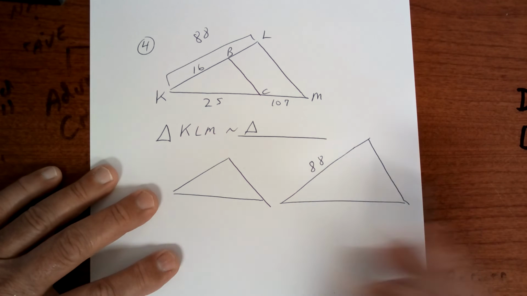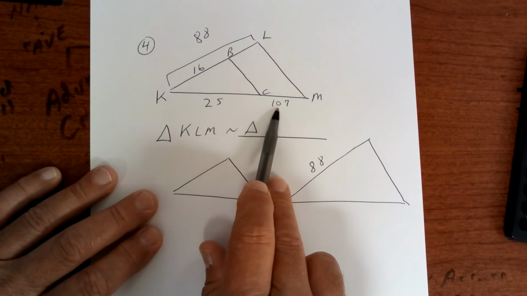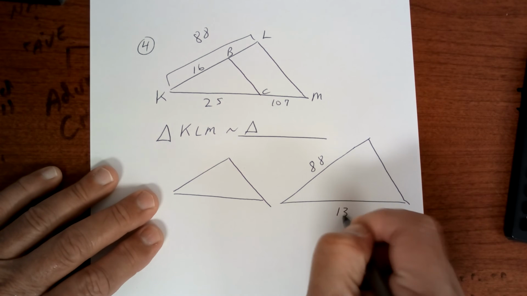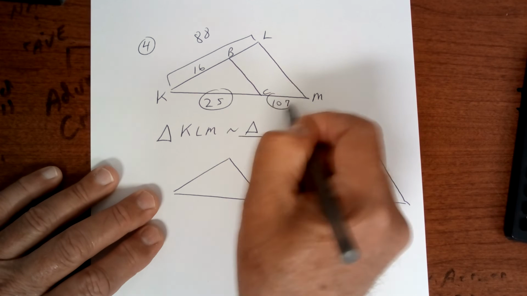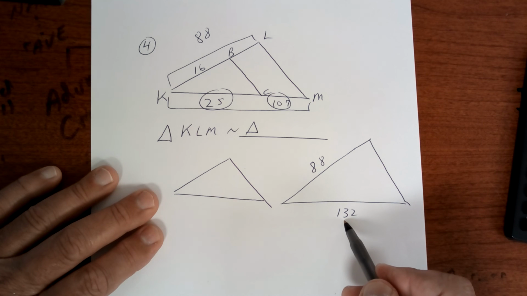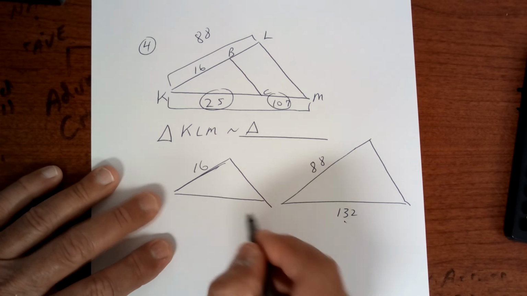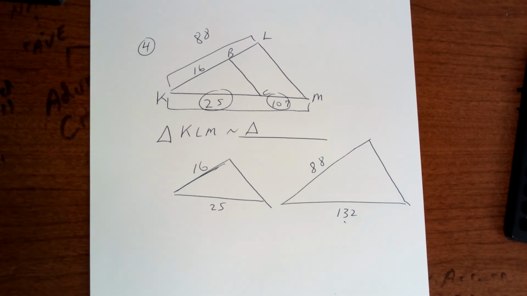Here you got to add these two up. So that's going to be 132 I think it is. When you add up this plus this gives you the whole thing. And that's this one. Okay, so that's 132. This one right here is 16. And this little one here is 25. And it's actually the bigger one of the two.